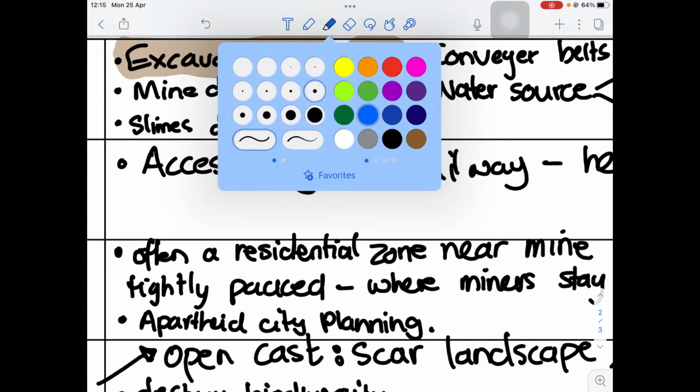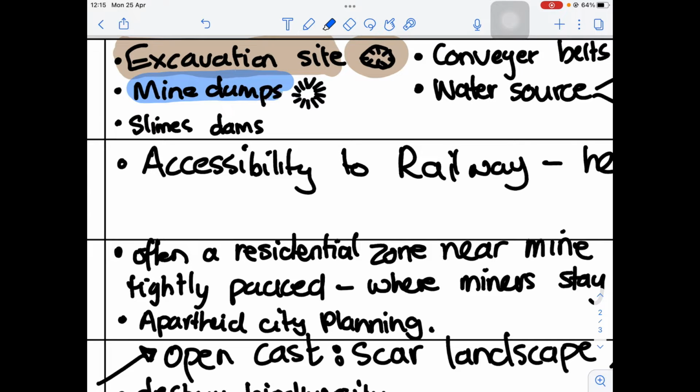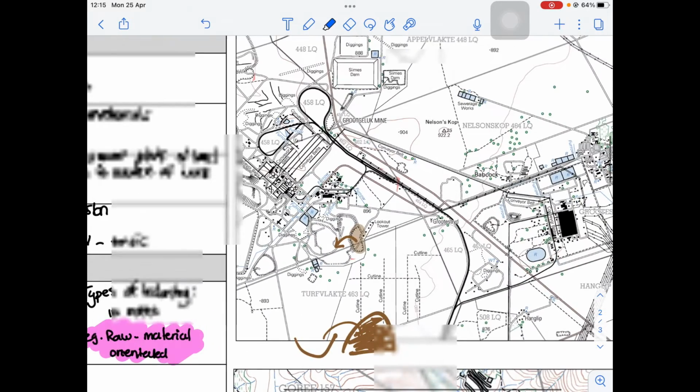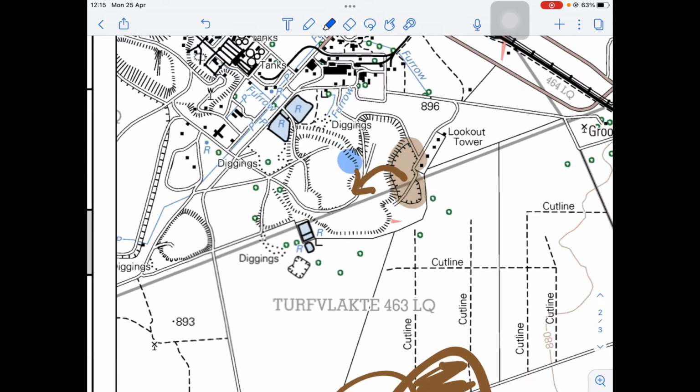And what we can see here is there's evidence across this whole map of those mine dumps. There isn't a circle around those lines, showing the difference between the excavation site and the mine dumps. And so here you can see this whole region is covered in mine dumps.